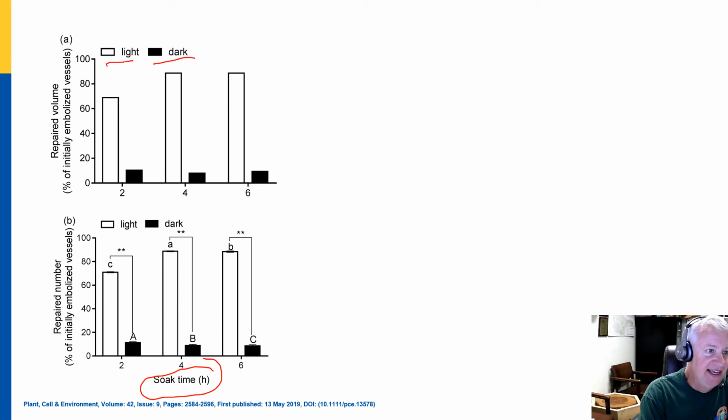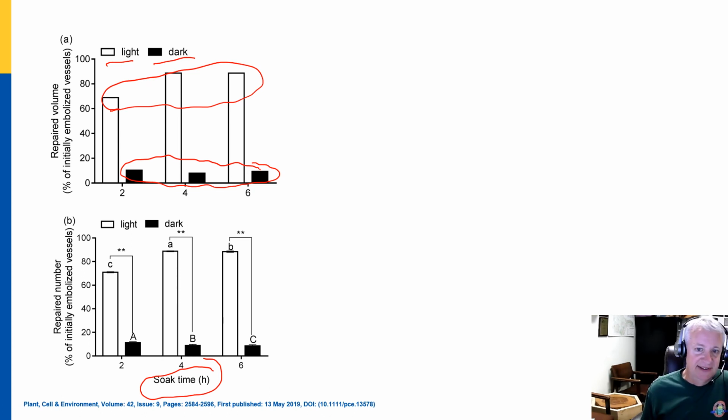And what you can see is that in the light, you get significant recovery from embolism, whereas in the dark, you get almost no recovery. So this shows, again, that availability of photosynthate, for instance, is necessary for recovering from embolism.